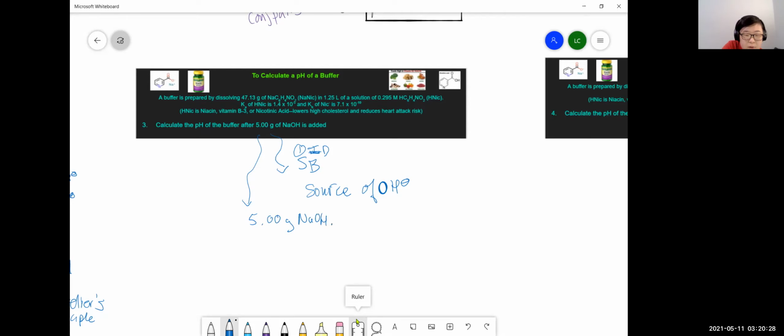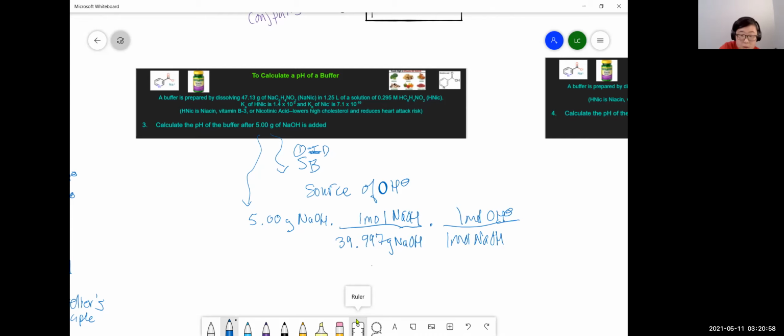All you need to do is find the molar mass of NaOH. You can add, whatever it is, 22 plus 16 plus 1. You get 0.997 grams of NaOH per 1 mole of NaOH. So again, 1 mole of NaOH is 1 mole of OH minus.